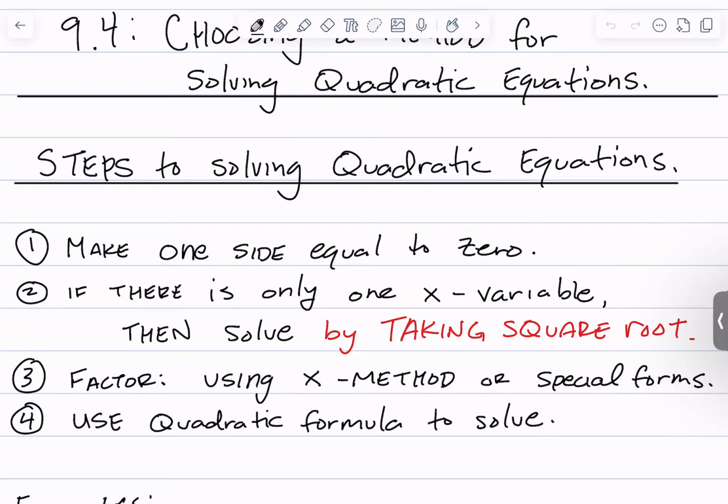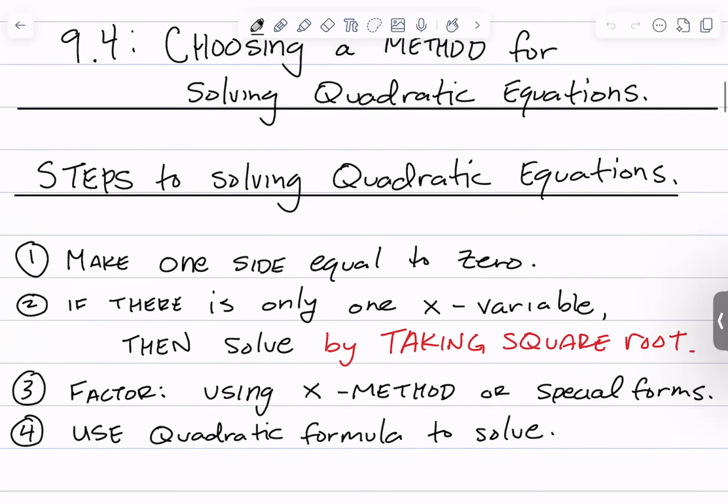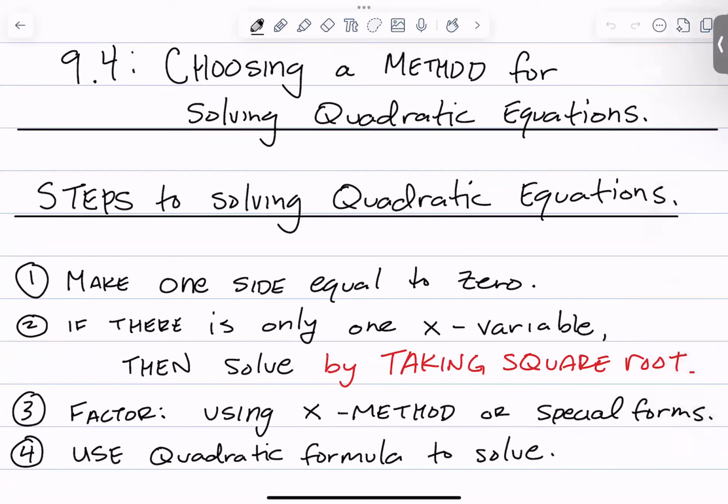And if there's more than one x variable, then we're going to factor or use the quadratic formula depending on what equation we have. So these are the steps in general. And sometimes we are not going to follow the steps and we're just going to solve it.